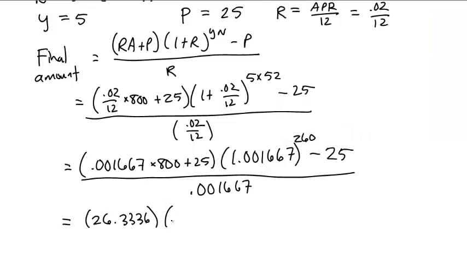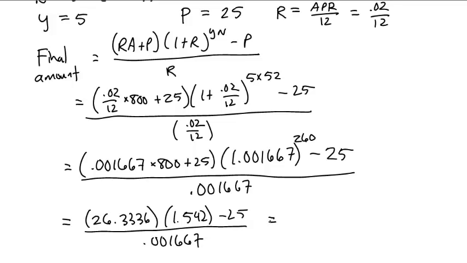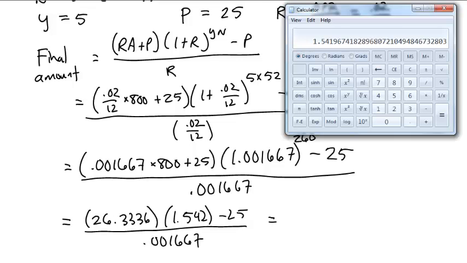So this is 1.542 minus 25, all divided by 0.001667. Now, we can actually finish this off right at this point, because we can multiply these two and say equals, and then say minus 25 and say equals, and divide by that number and get the whole thing. Hey, there's that number.